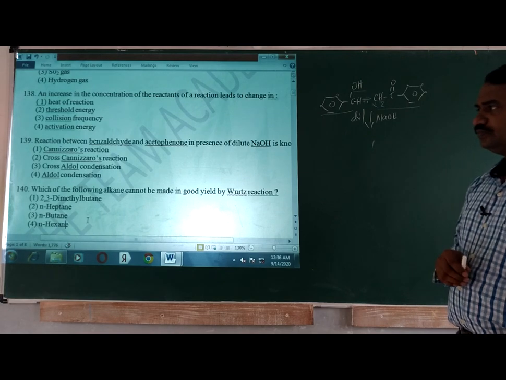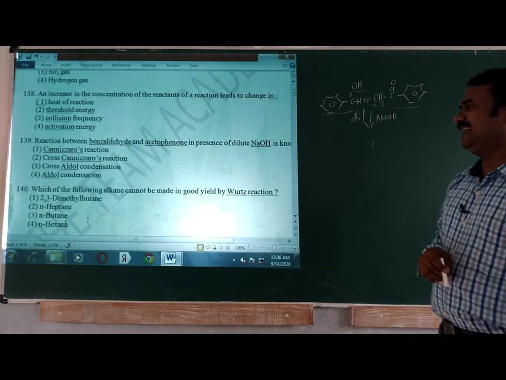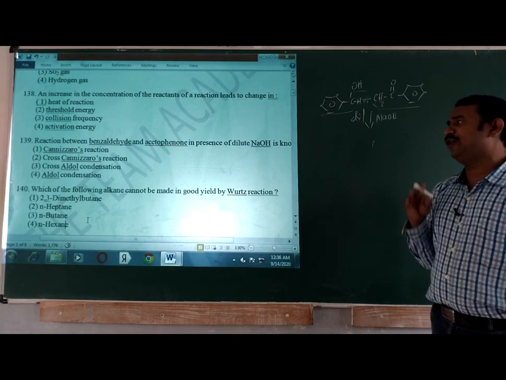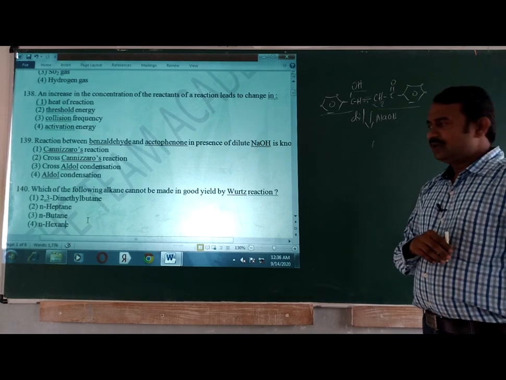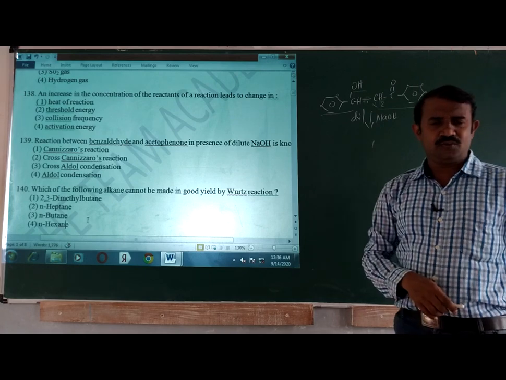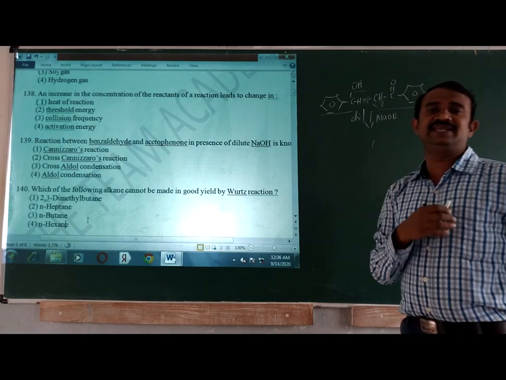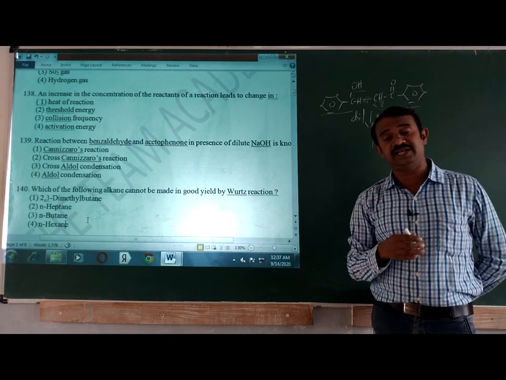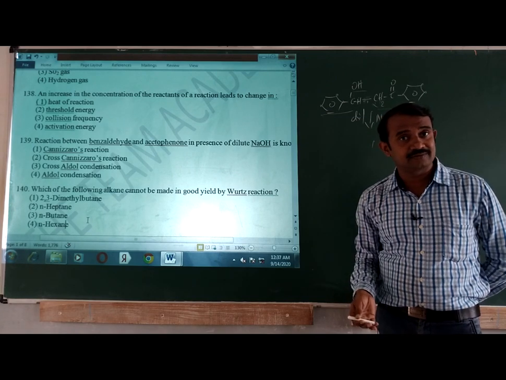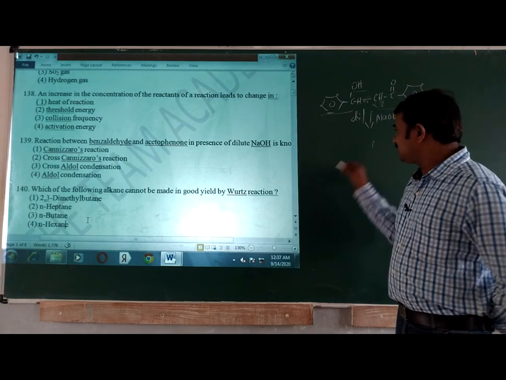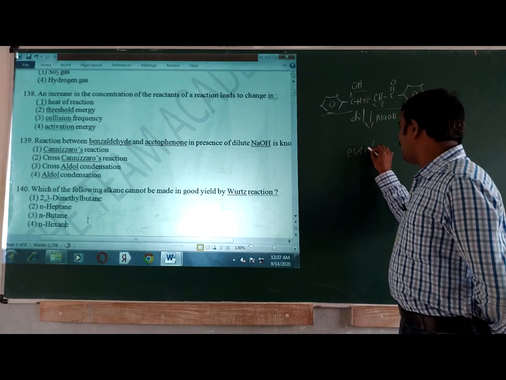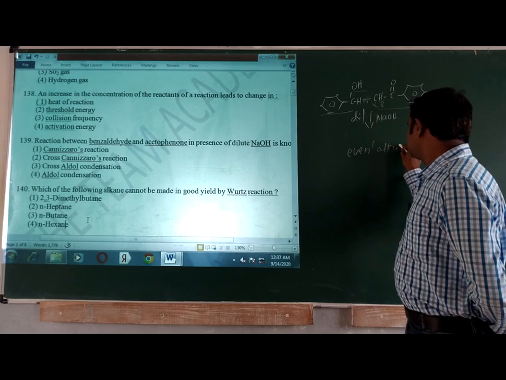Next one, which of the following alkanes cannot be made in good yield by Wurtz reaction? Okay, listen here, in the Wurtz reaction, monohaloalkanes react with sodium in presence of dry ether to form higher alkanes. But here the product you will get has an even number of carbons.